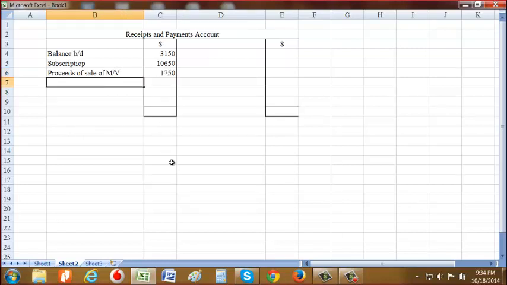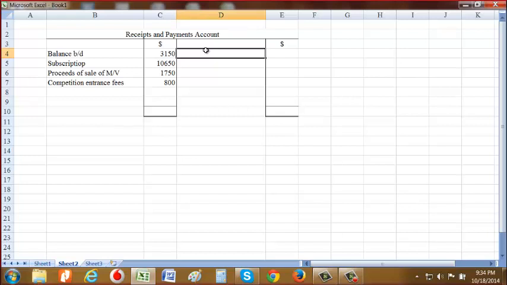Now the next item, competition entrance fees. We conducted one competition and we charged the participants entrance fees. So I am going to write here competition entrance fees. How much amount? 800. Okay. So all the receipts I have recorded.